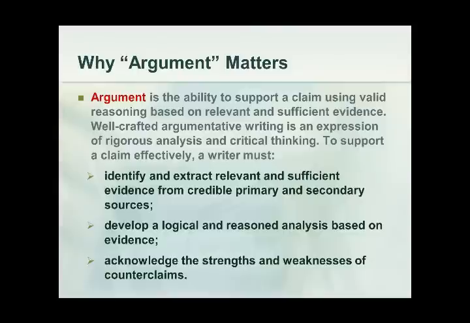We've got valid reasoning, and that reasoning is based on evidence that we've extracted from what we've read. So when we want to score a maximum of 2 for developing an argument on that part of the trait, then we know that we have really analyzed, used our critical thinking skill, and we've been able to go through and identify that evidence and make sure it's valid.